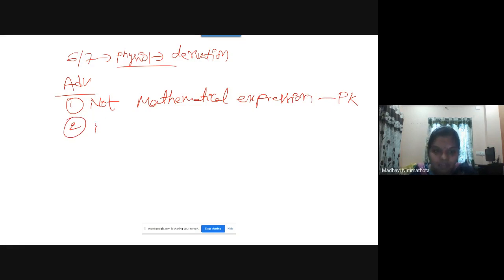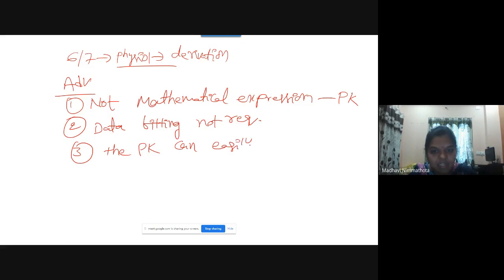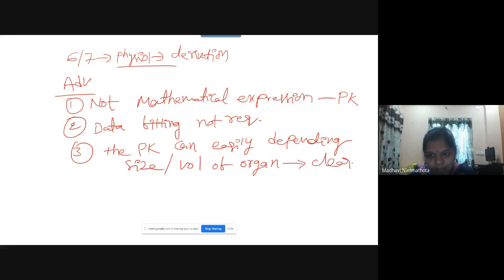See here, data fitting is also not required. And then the PK models can be easily calculated depending upon the size and volume of the organ, which will clearly obey the plasma drug concentration curve.